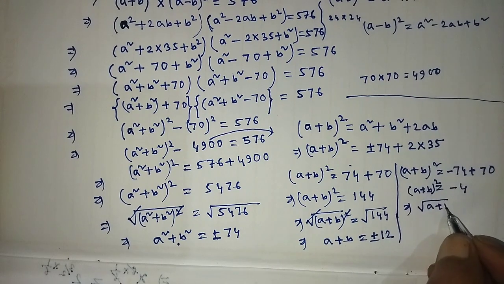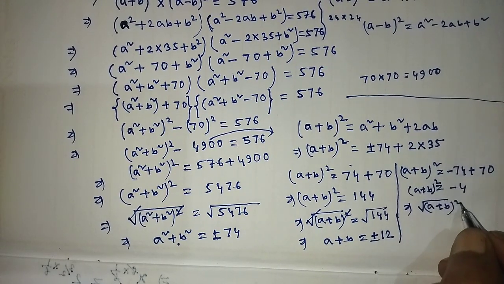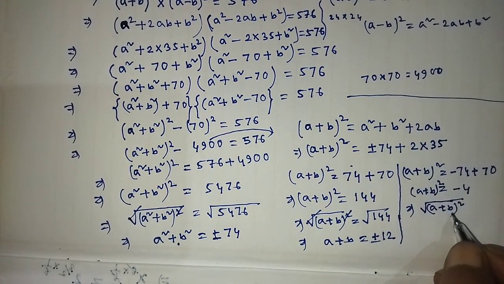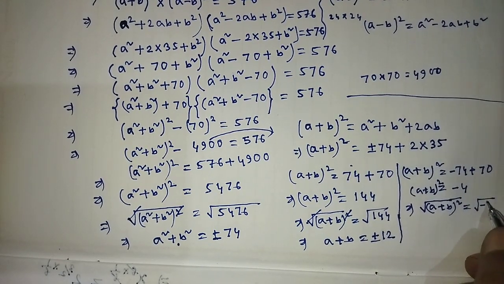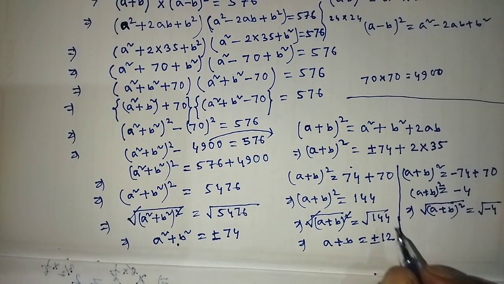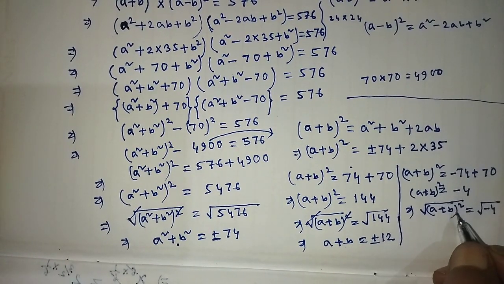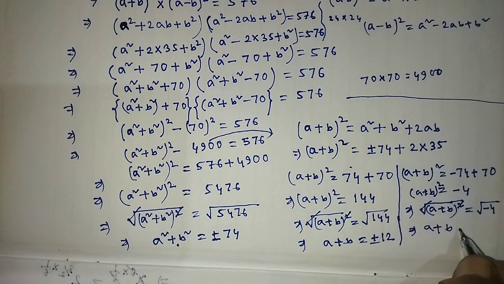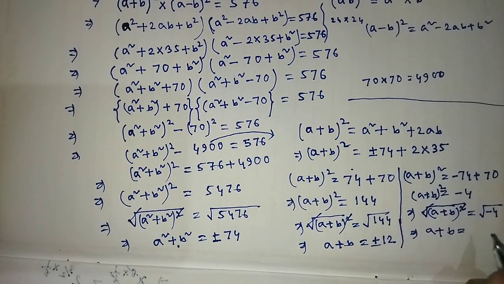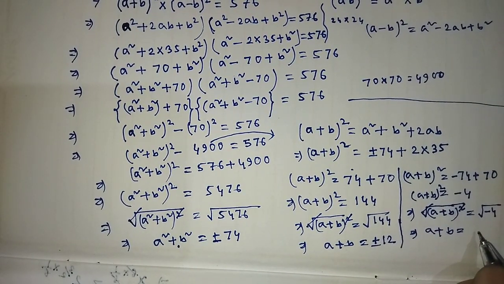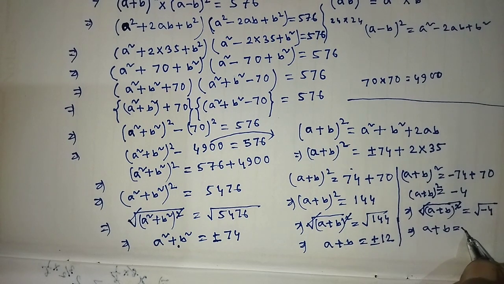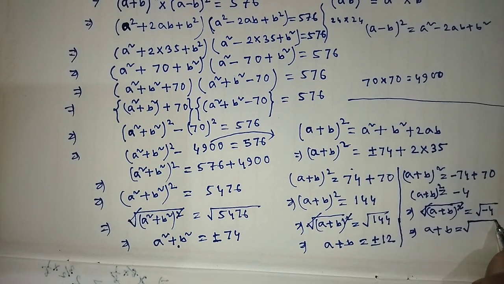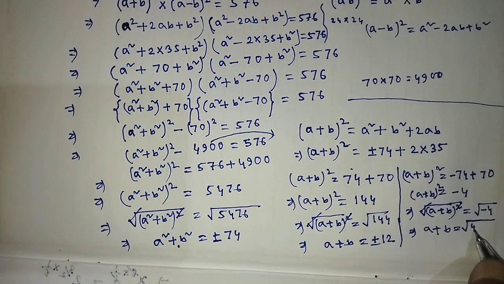The square root of (a + b)² will be only a plus b, and on the right hand side the square root of minus 4 we write as the square root of 4 into minus 1.